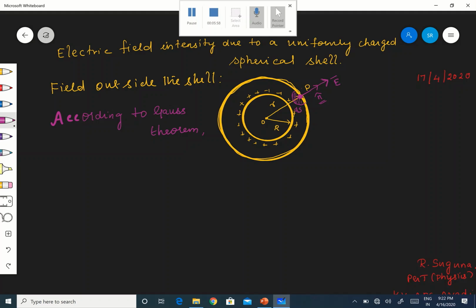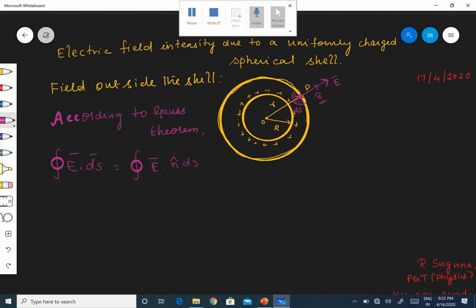Therefore, now I am going to apply Gauss theorem. The integral of E dot ds is equal to the integral of E n ds.